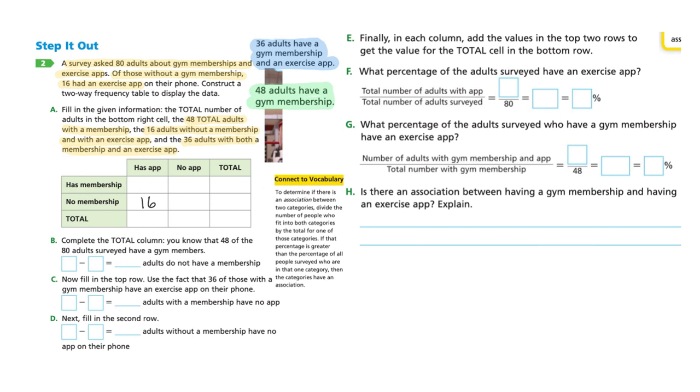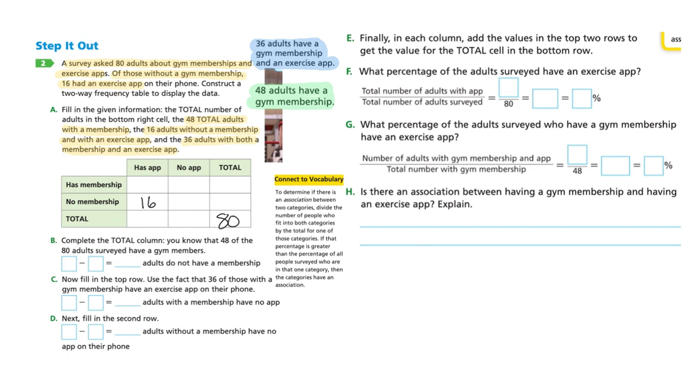So they also tell you that a survey asked 80 adults about the gym memberships and exercise apps. That's the whole total of everybody that they talked to, 80. So that'll help you as well.